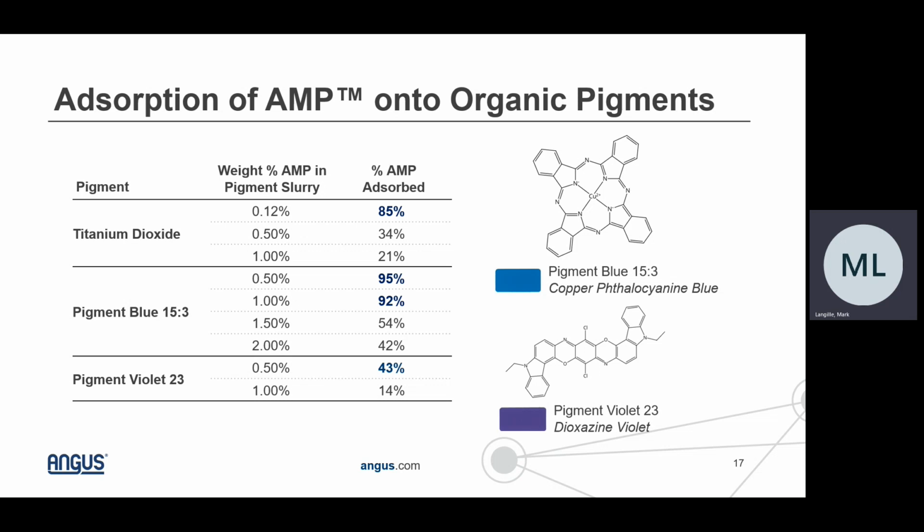So in that case, with the pigment violet 23, we're getting around a 43% absorption, and that was when 0.5% of AMP was in solution. But these results indicate that you can still get fairly good absorption of AMP onto organic pigment surfaces, which is a good sign for being able to disperse and stabilize those organic pigments in solution.